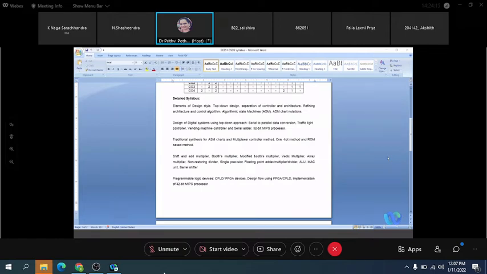What type of testing is needed? Whether the circuit is functioning as per the specifications is one test, and then timing analysis. Functionality analysis, timing analysis.